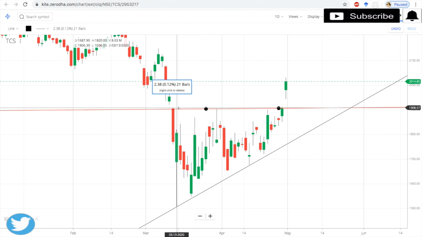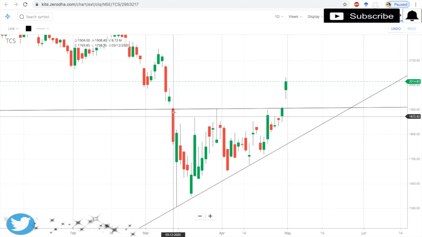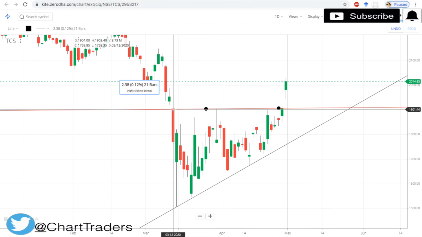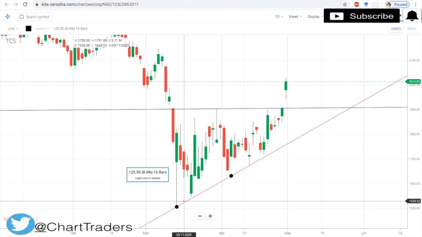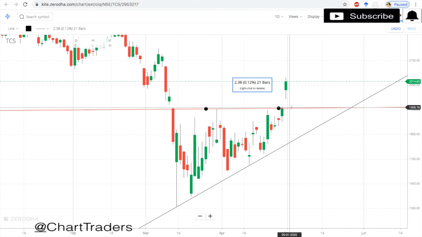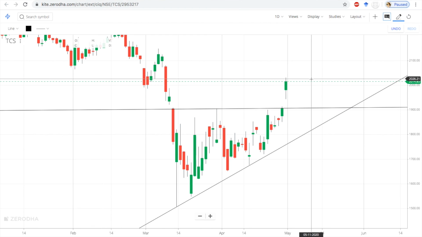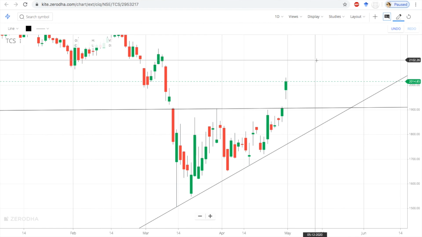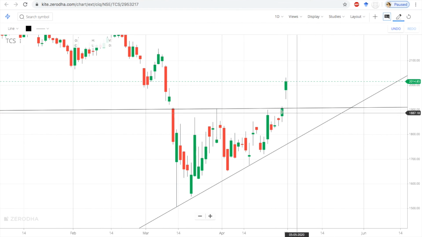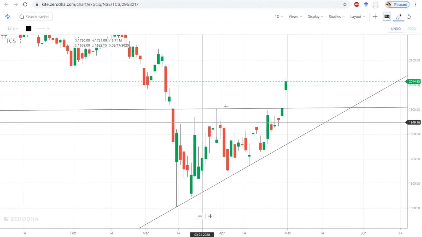What is the target? The difference between your swing low and swing high. So 1900 and 1500, around 400 points. So from this point adding 400, around 2300 is the target. Hope it's clear.